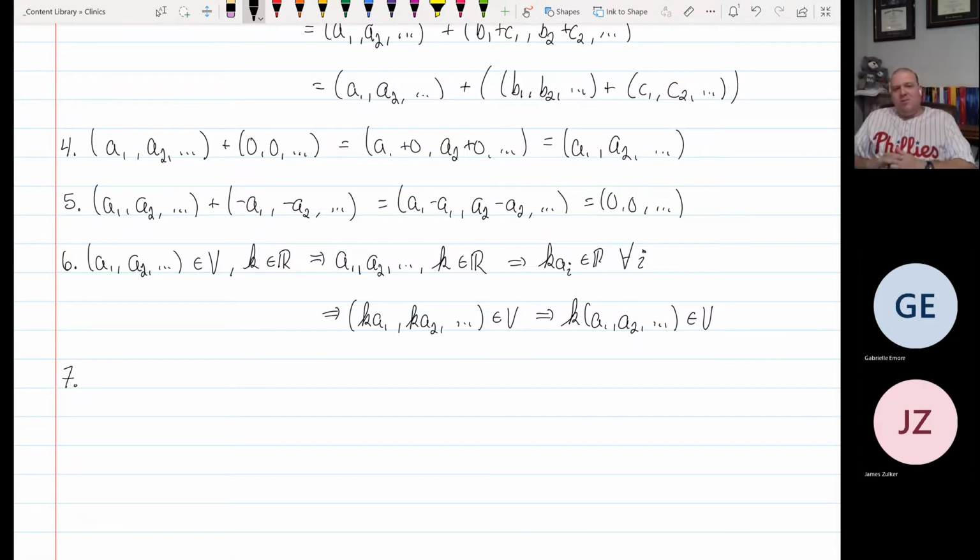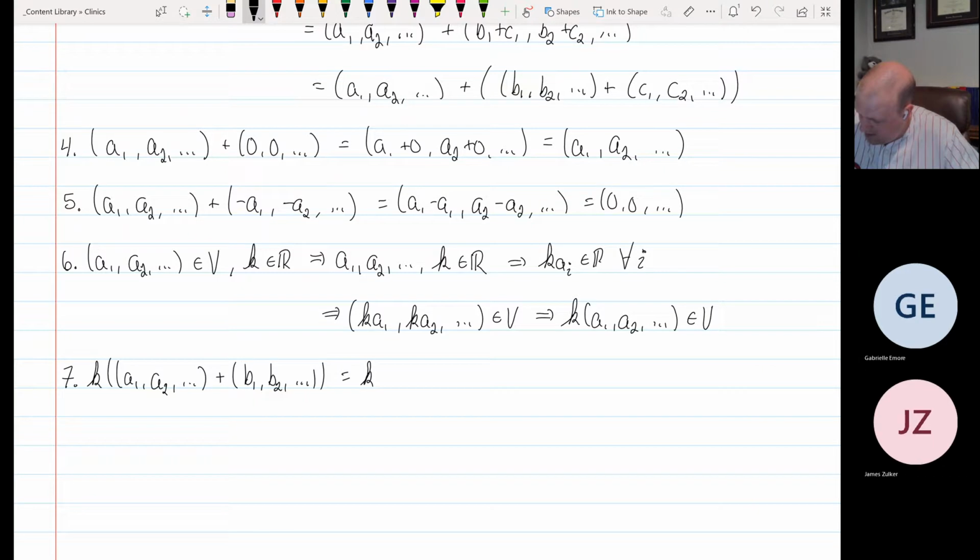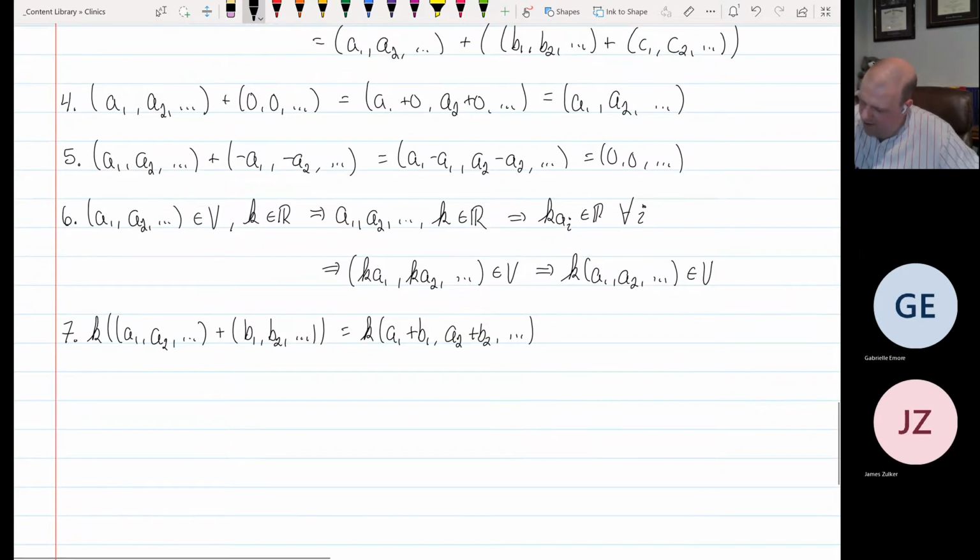Seven. All right, we're almost there. So we have to show now that scalar multiplication distributes across vector addition. That'd be K times A1 plus B1, A2 plus B2, so on and so forth, which by definition of the multiplication would be this.